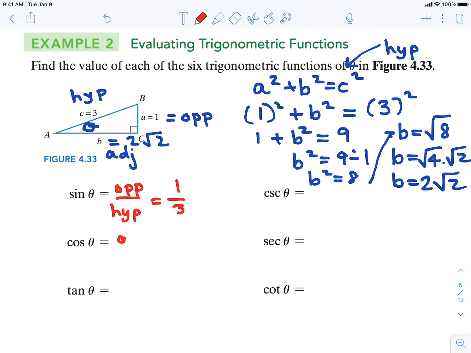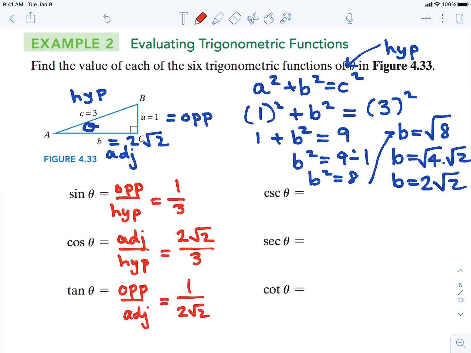Cosine, CAH, adjacent over hypotenuse. So adjacent is 2 square roots of 2, hypotenuse 3. Tangent, TOA, opposite over adjacent. The side opposite is 1, side adjacent is 2 square roots of 2.